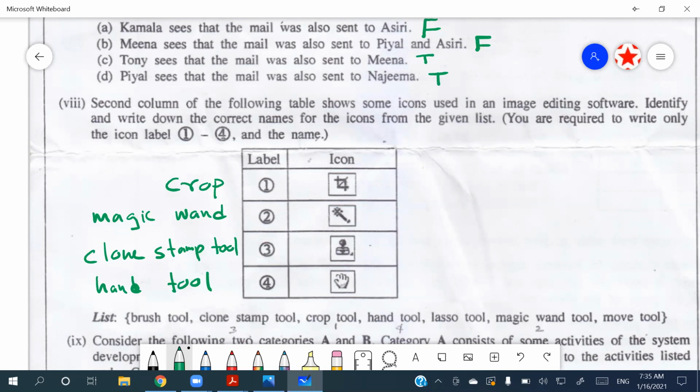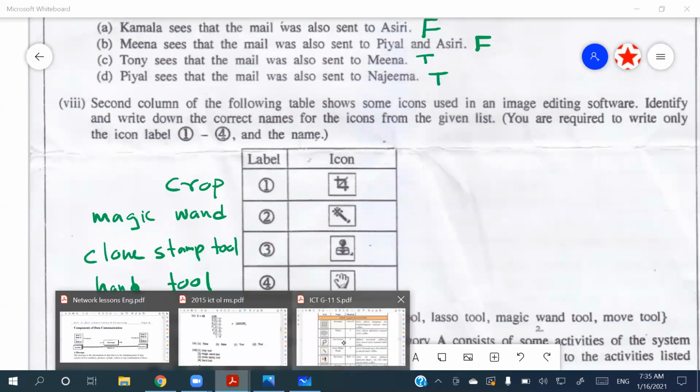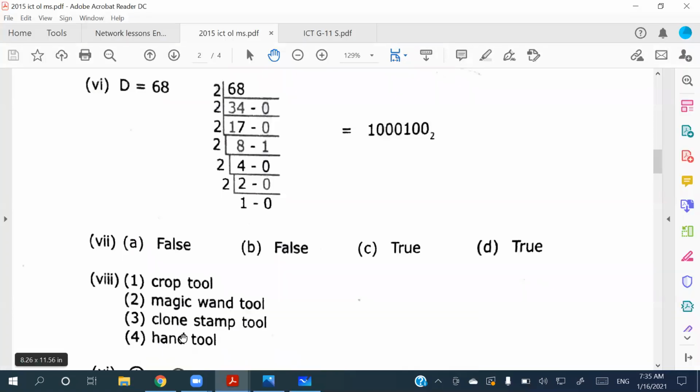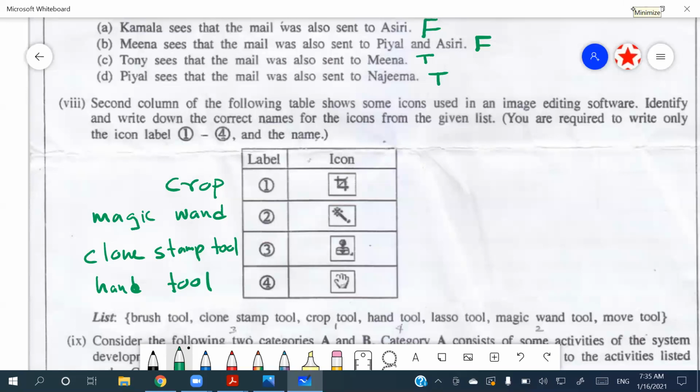Disregard the fourth one. For the fourth one, it's the hand tool, which cannot be found in our toolbox.